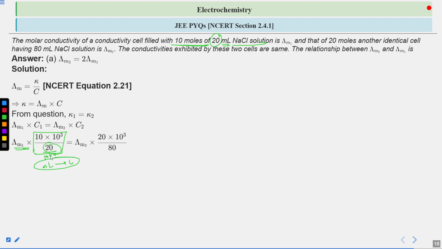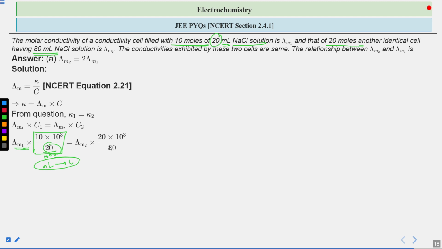Similarly, on the right hand side, this quantity equals lambda m2, the molar conductivity of our second cell, multiplied by the concentration of the second cell, which is the number of moles divided by the volume in liters. The number of moles is given as 20 moles, so 20 divided by the volume, which is 80 milliliters.